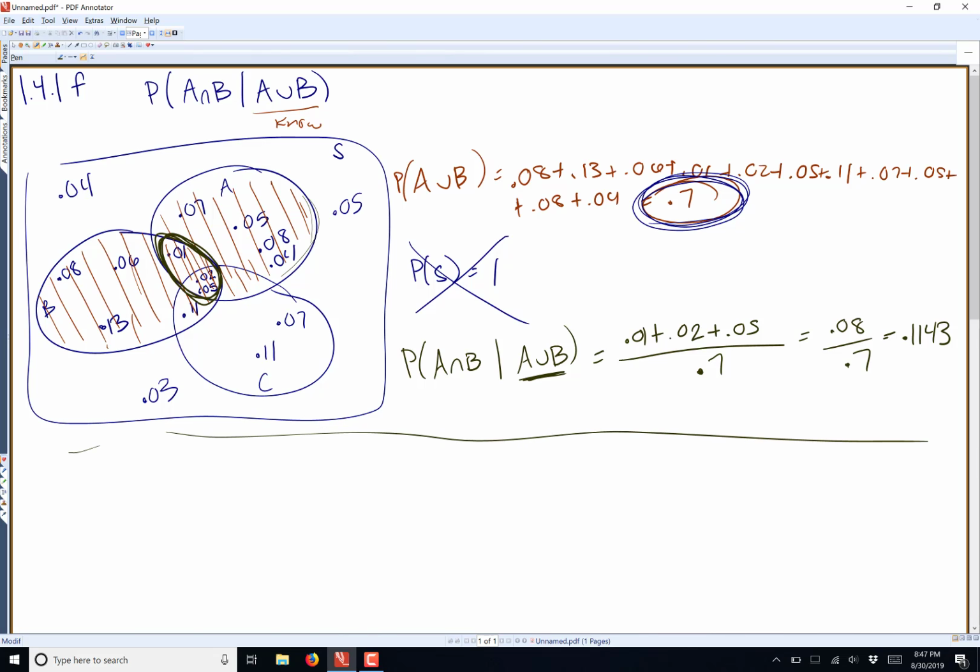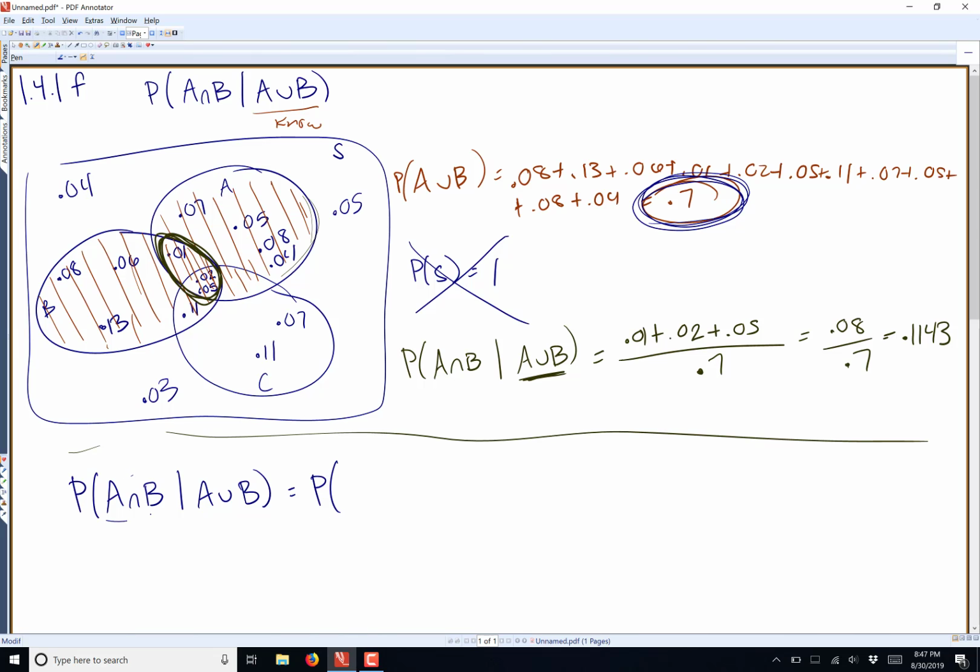You can also figure out what it would be using the formula. So probability of A and B given A or B. The conditional probability formula says you do the probability of an and.